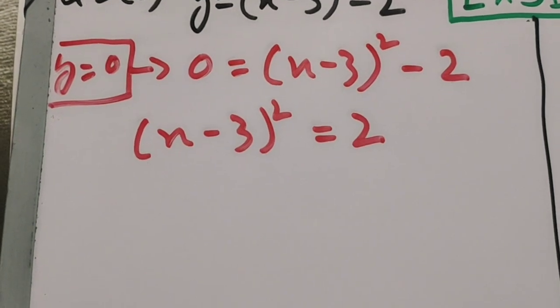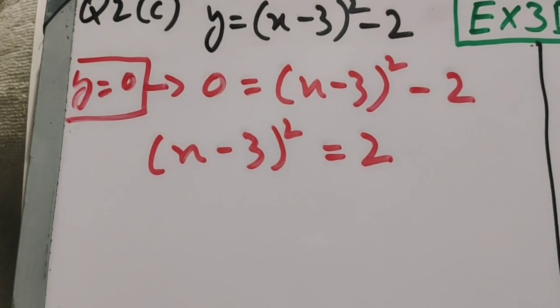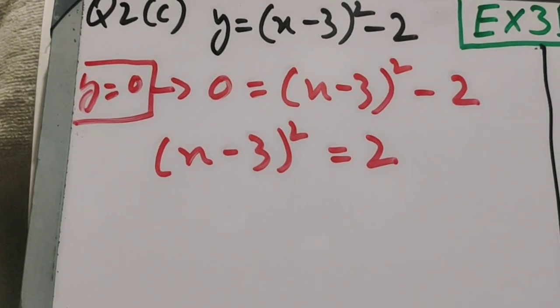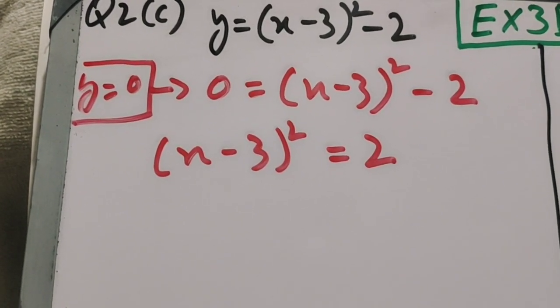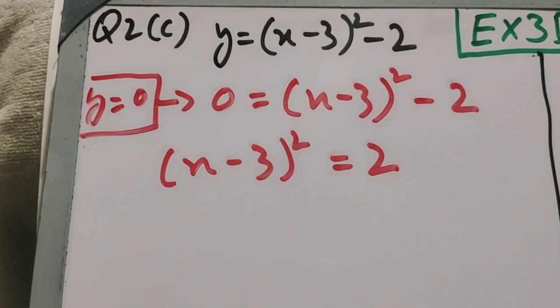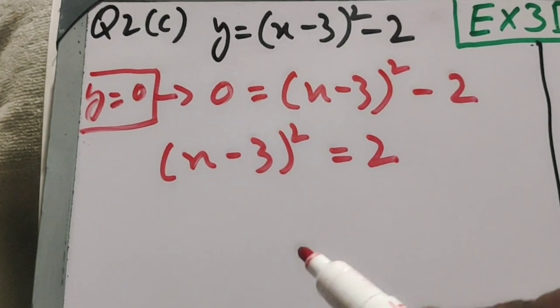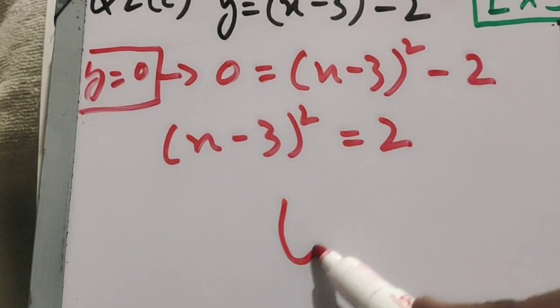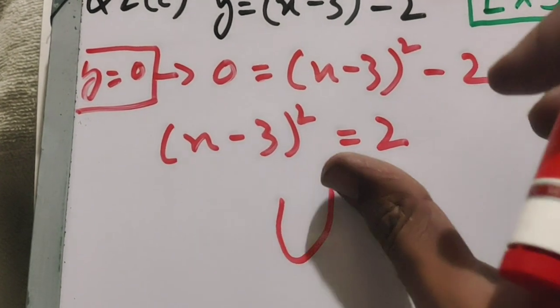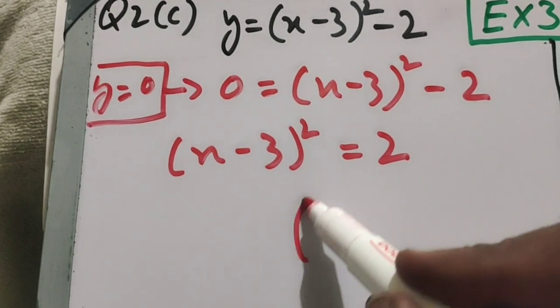From here we will first find the minimum or maximum point. Students, as I told you in the previous part B, whenever the coefficient of x square is positive, the parabola will be upward, and when it is negative, the parabola will be downward.